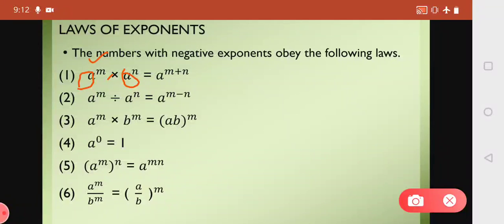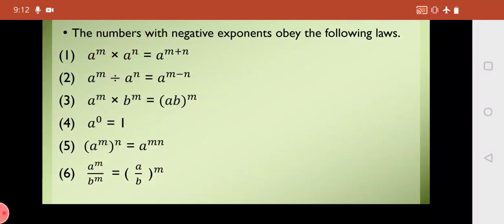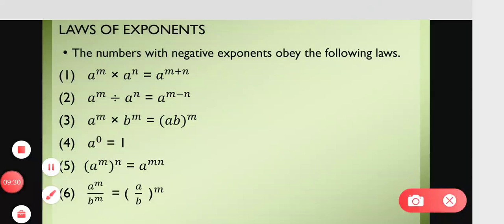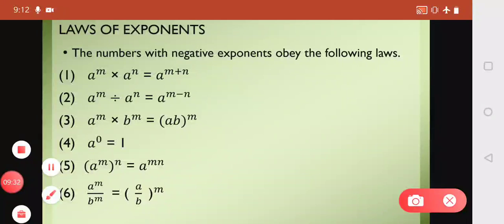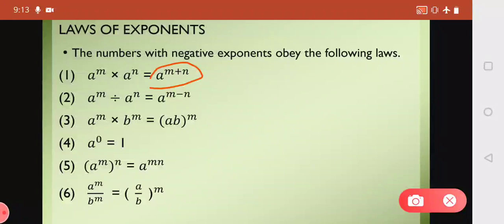Here the power is m and here the power is n. So the exponential forms having the same base and different powers, when multiplied, give the product as base raised to power plus power, or in short, a raised to m multiplied by a raised to n equal to a raised to m plus n.